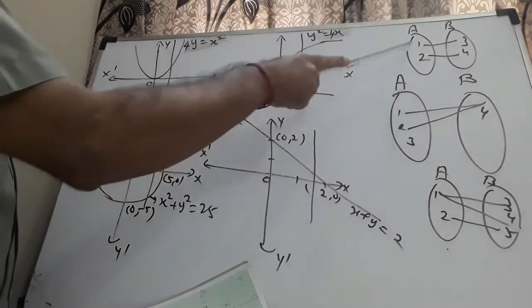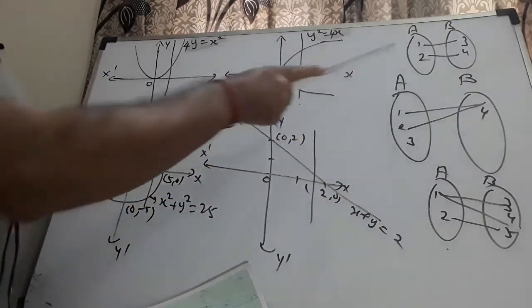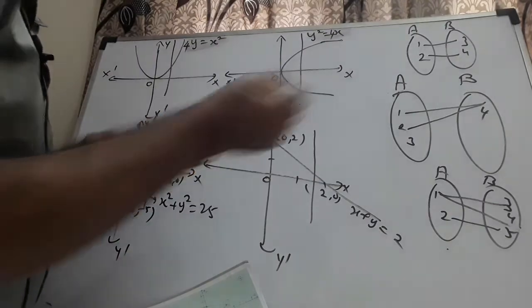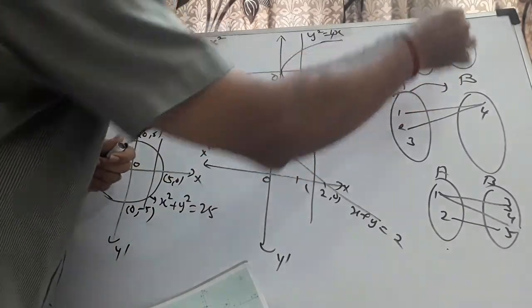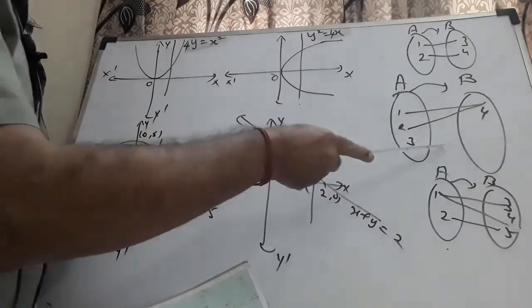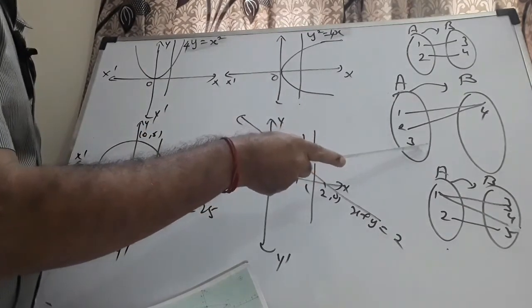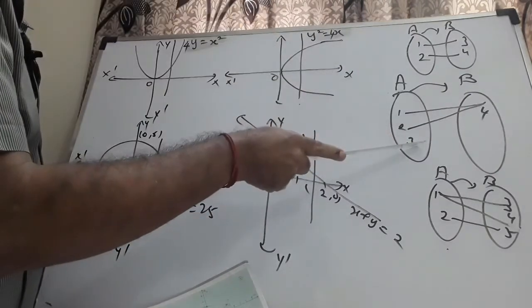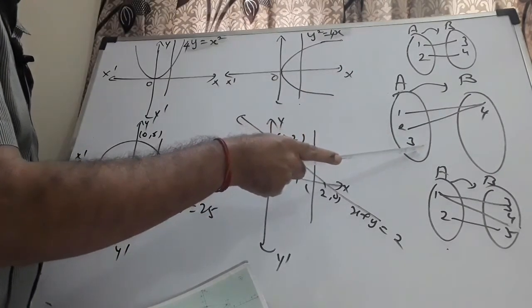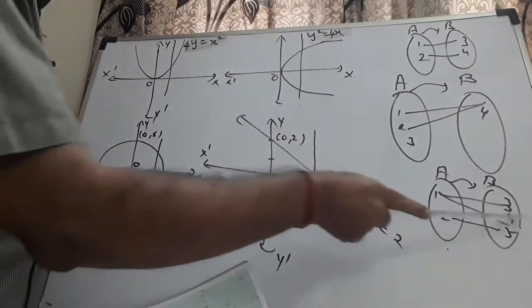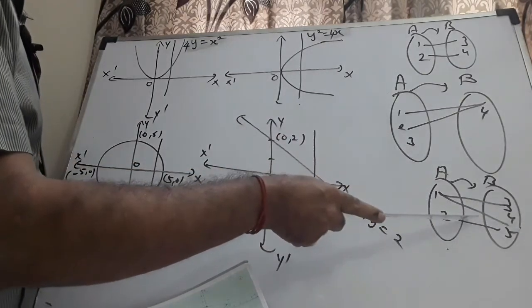Look at these three diagrams for a quick recap. Here 3 doesn't have an image from A to B, therefore it is a relation but not a function. Here 1 has two images, 3 as well as 4, so it is not a function.